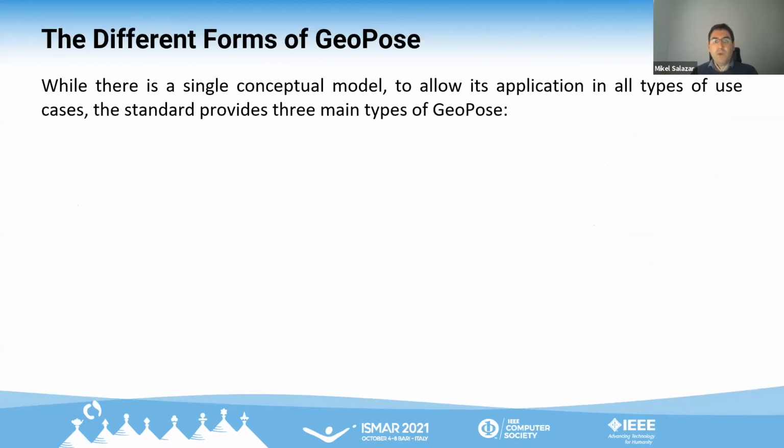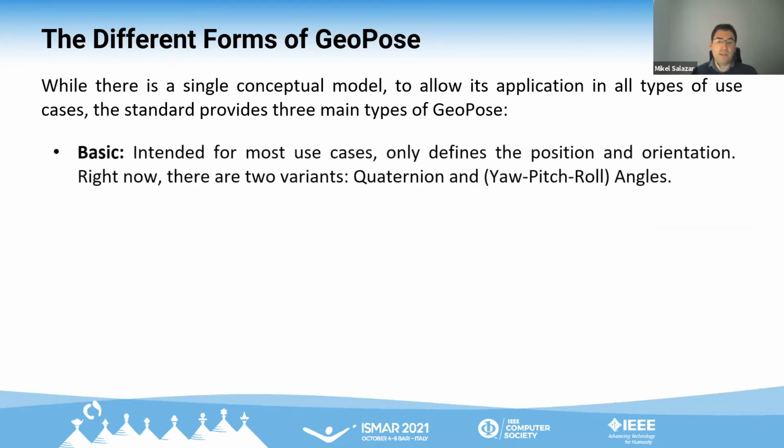But while there is a single conceptual model, in the GeoPose standardization working group, we are trying to limit the complexity of the data encodings by generating multiple JSON schemas for different use cases. Most of the time, 90%, 95% of the time, one of the basic encodings will be more than enough to satisfy the requirements.